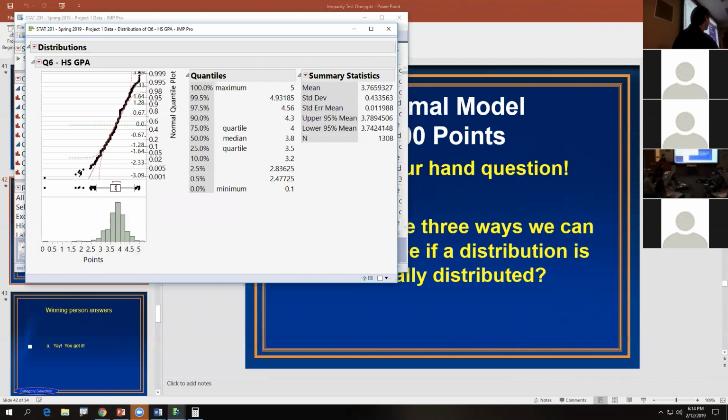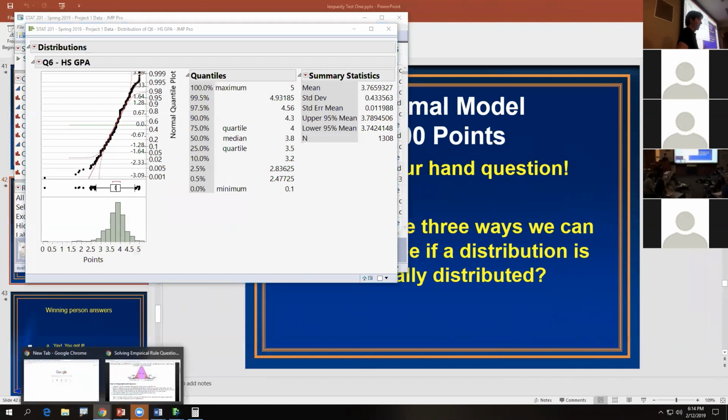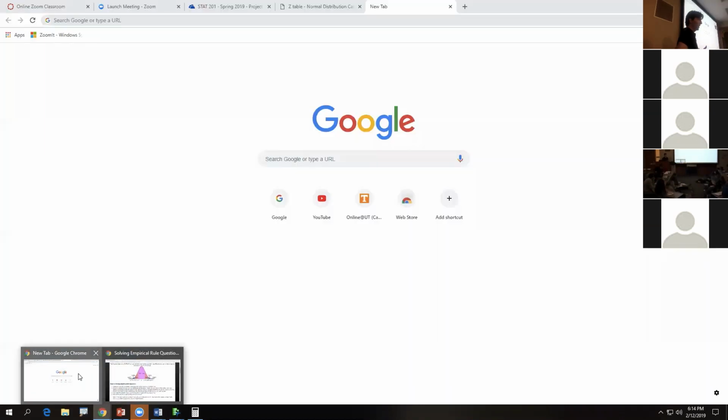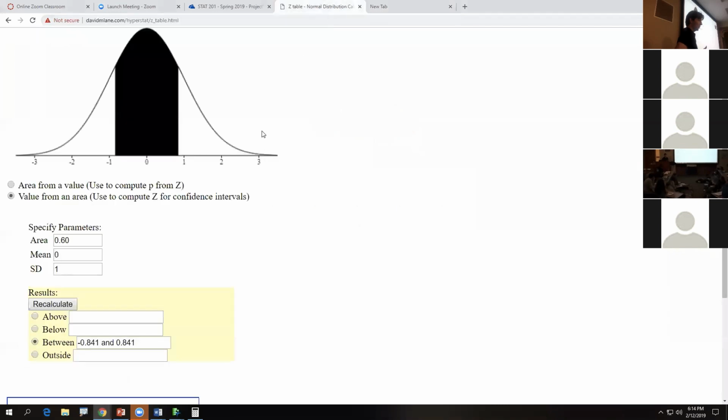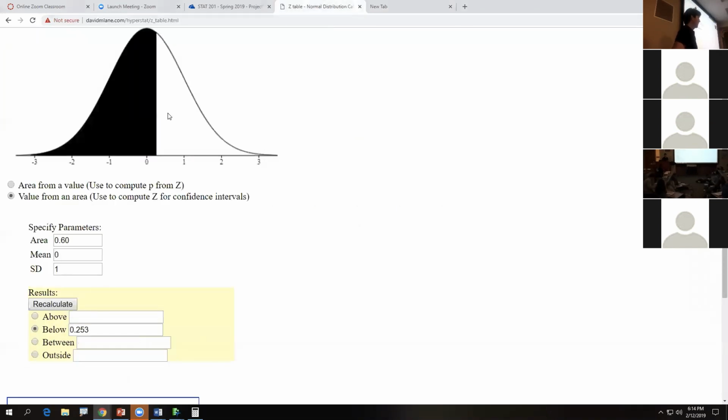I think you said the answer for, which one? It's the 60th percentile, between 0 and 1. 0.841 and negative 0.841. Did you answer that? The 60th percentile? Is it 63 point something? The answer for the score of the 60th percentile, I believe, is 82.53.